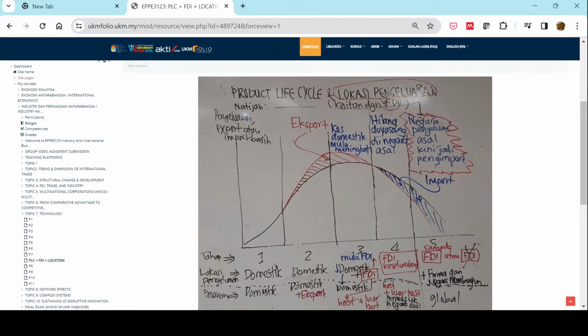And here, stage 1, 2, 3, 4, 5 stage. Here location of production. Here where is the market. So stage, location of production, where is the market.